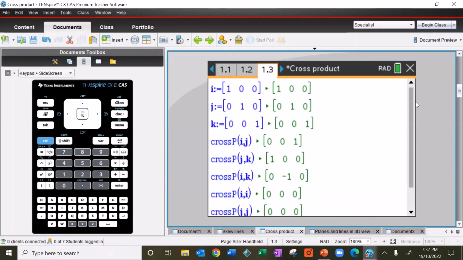So the cross product is another feature of the TI-nspire calculator, and we can easily use it like we did with the dot product.